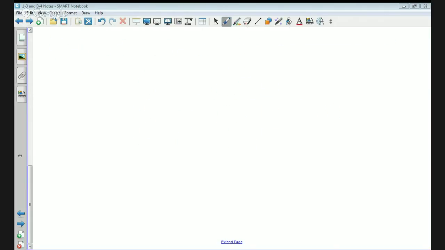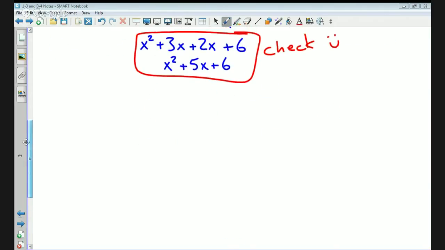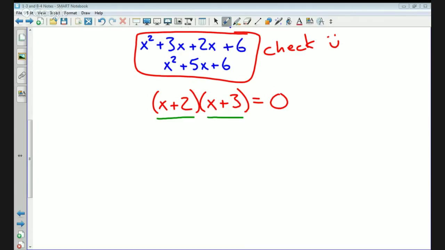Okay, so that being said, I now have x plus 2 times quantity x plus 3 equals 0. Well, I have two things multiplied together. Even though it's a little bigger than what we had up above with a times b, it is technically two things multiplied together.